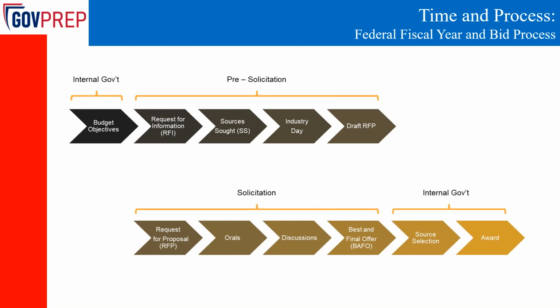Oftentimes the commander is there, but the contracting officer runs those meetings. Typically the Industry Day is the contracting officer describing, in his or her own words and showing a PowerPoint presentation, what the opportunity actually is.